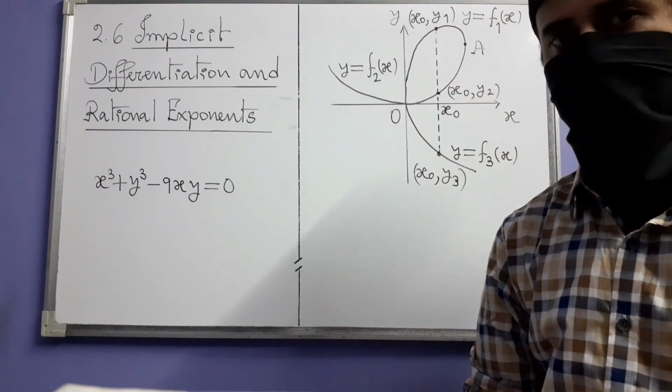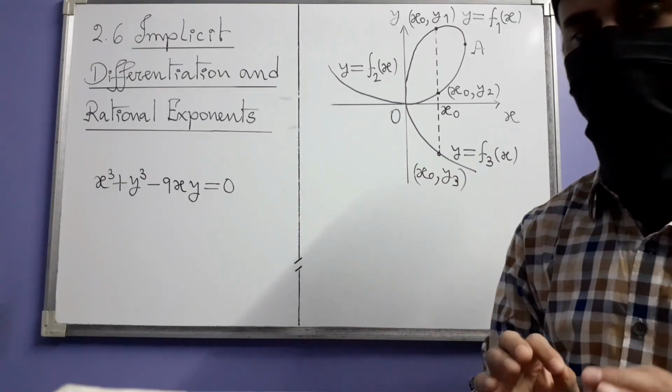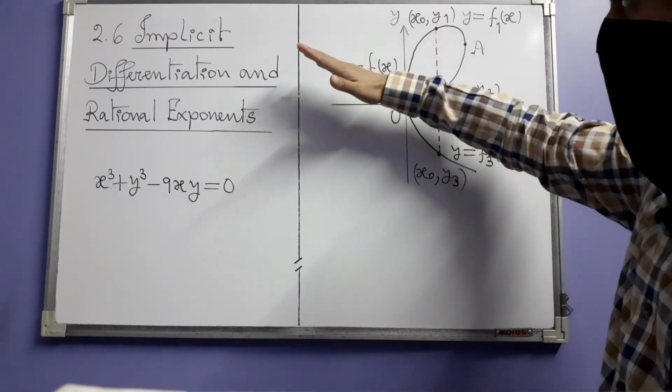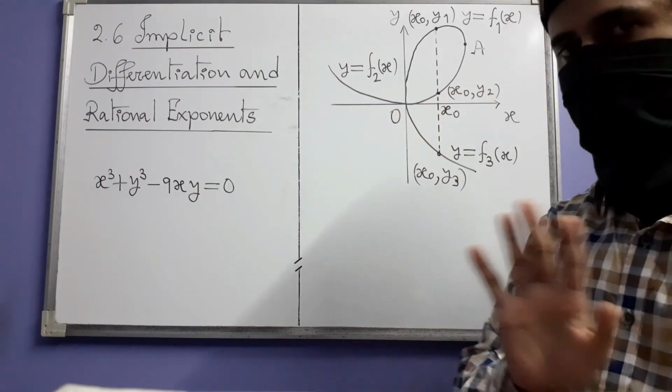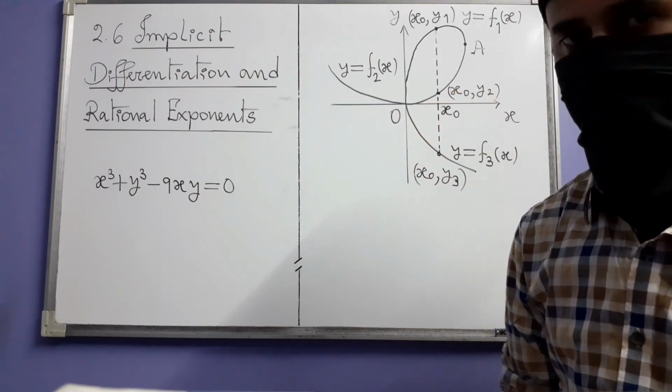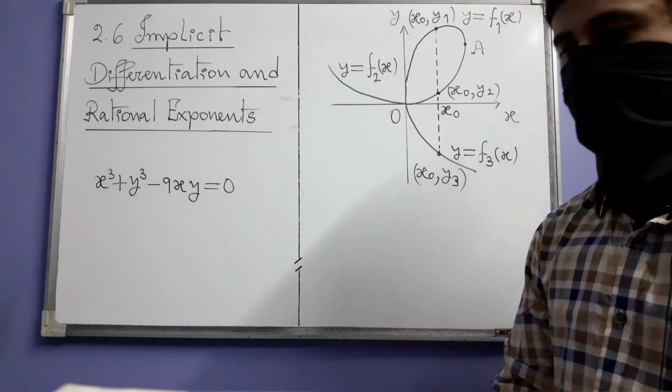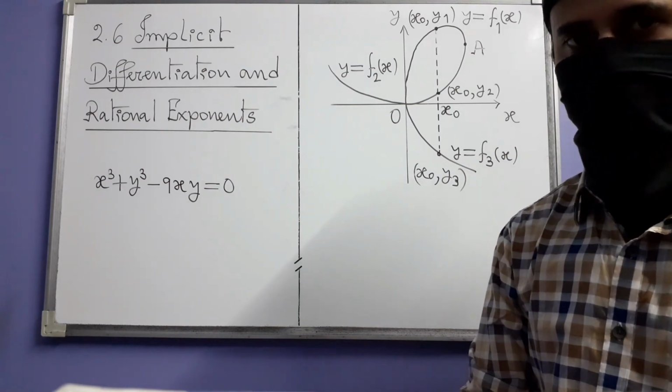Any vertical line has infinite slope, so those are the points where slopes are infinite. At other points, the slopes have some finite values and they exist. And that slope, of course, you know, is given by the derivative, dy/dx.